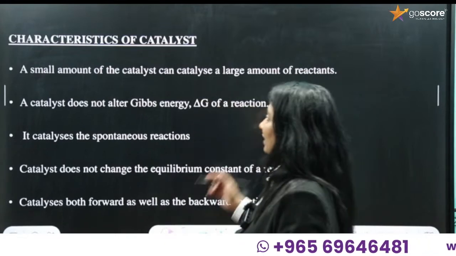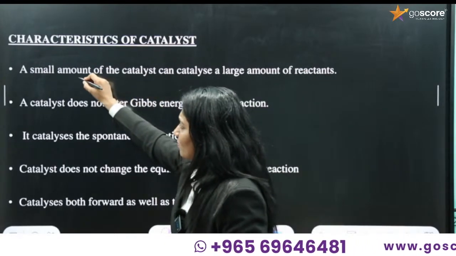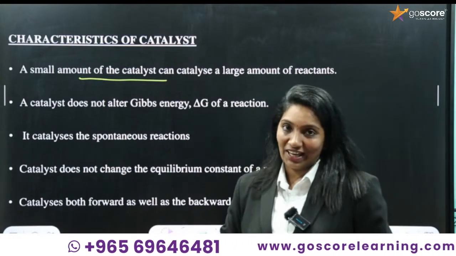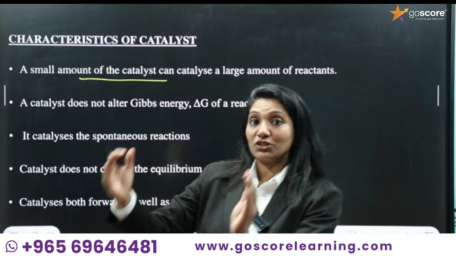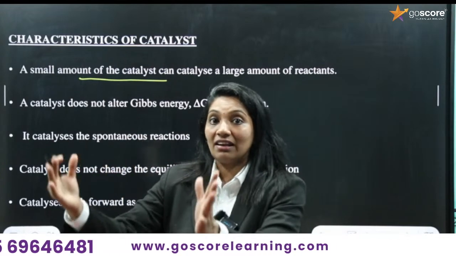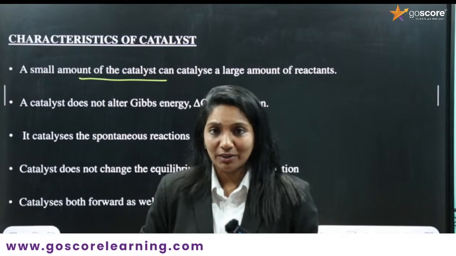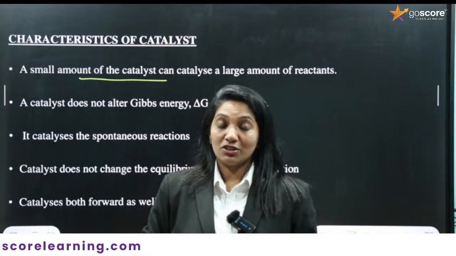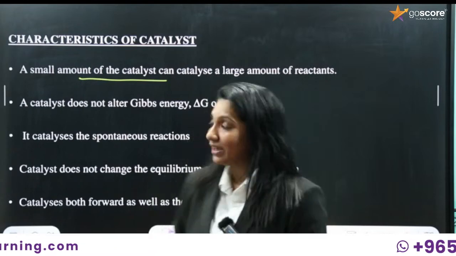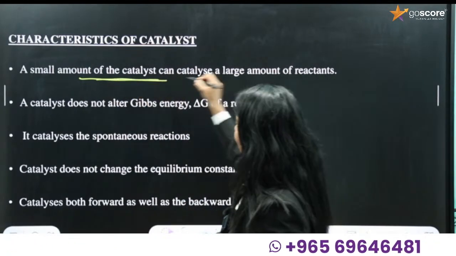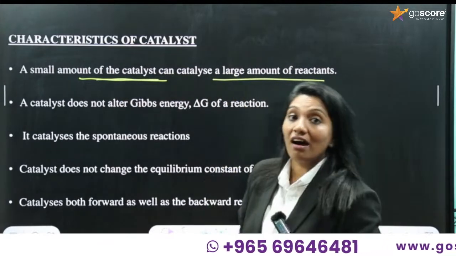If the catalyst is in a small amount also, it can catalyze a large number of reactant molecules. We don't need that much catalyst. If you are taking a large number of reactant molecules, only a small amount of catalyst will be enough to speed that reaction. It's not about the amount. A small amount of catalyst can catalyze a large amount of reactant.